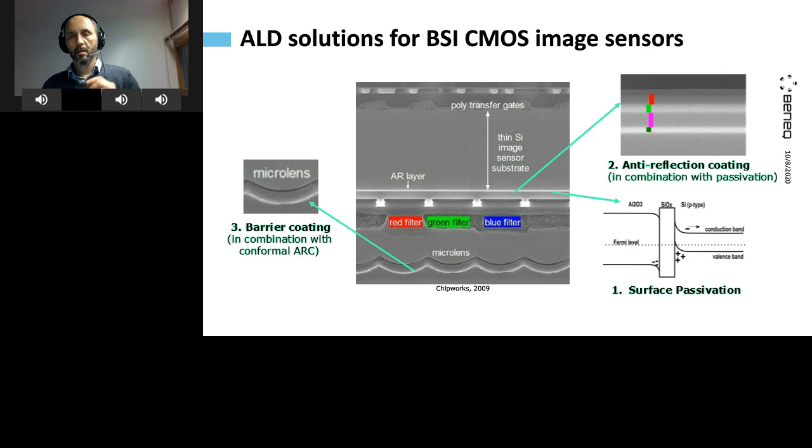Again, the silicon surface would be reflecting quite a bit of that incoming light unless you do something about that. And then as a third topic, I'm going to talk about barrier coatings. Again, these are layers that come a little bit later. So you typically have your color filters and optics on wafer. We would be protecting that stack as well as combining it with an anti-reflective coating in one go.